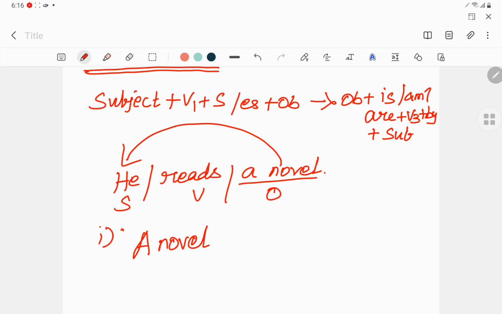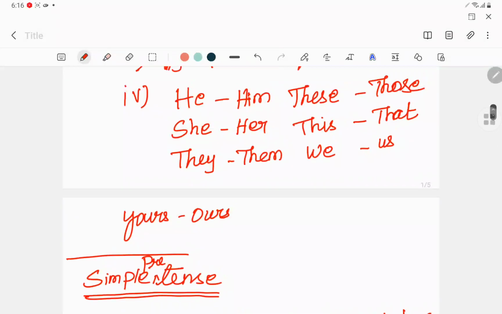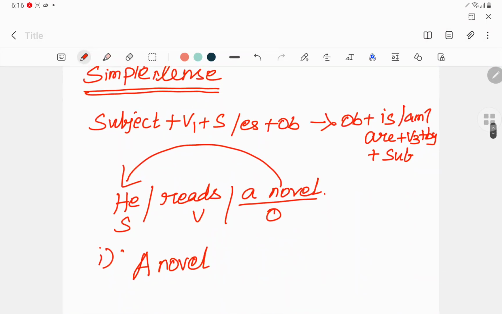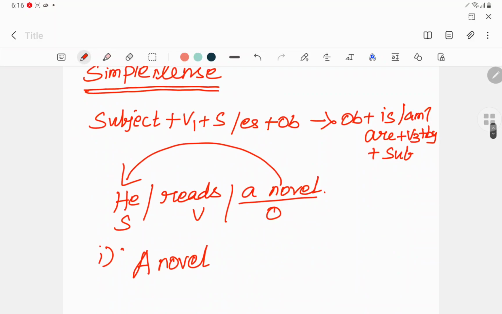Then you want to find what kind of tense it is: simple present. While changing, you want to add the auxiliary verb am, is, or are, for present tense only. If you add is here, there is no change, because the tense will not change.